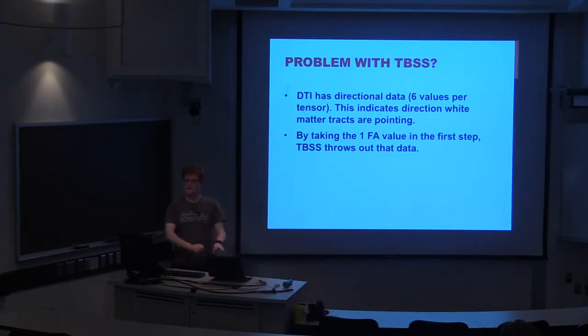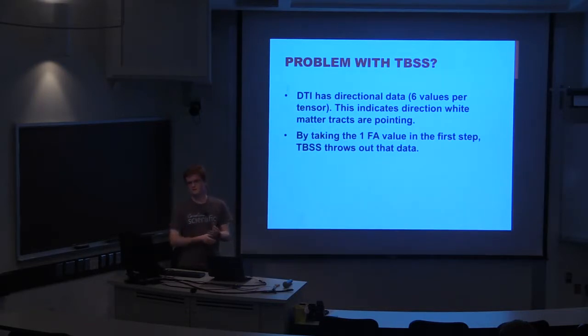That's done because it's a lot easier to work with just single-valued FA than anything else, than a 3D tensor. But it also carries with it some problems. So a piece of white matter running front to back, as well as an area of white matter running top to bottom, could end up having the same fractional anisotropy value.